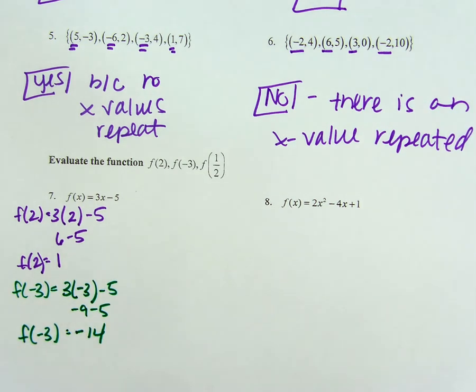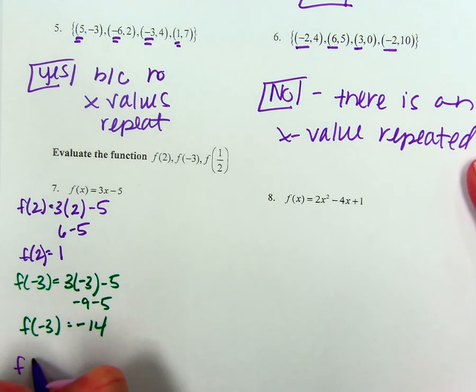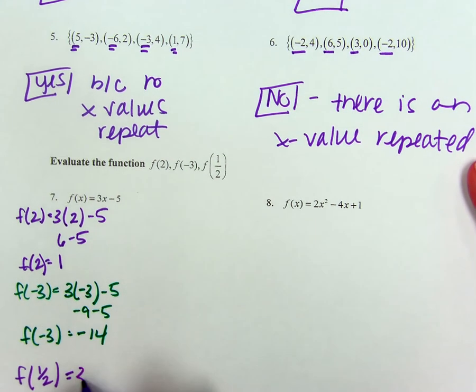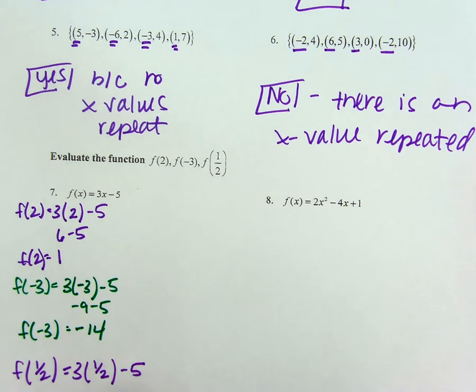And then the very last one is f of 1/2. So f of 1/2 equals, I'm going to go back to my original equation again, 3 times 1/2 minus 5. So 3 times 1/2 gives me 3/2 minus 5.